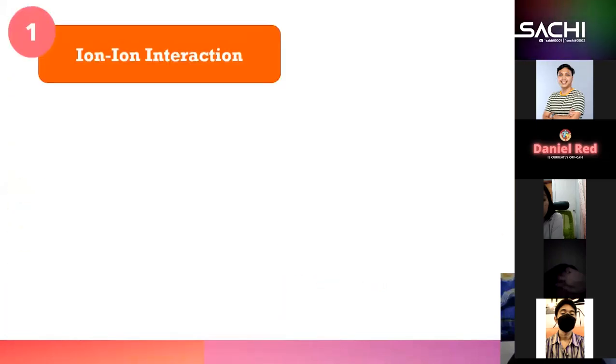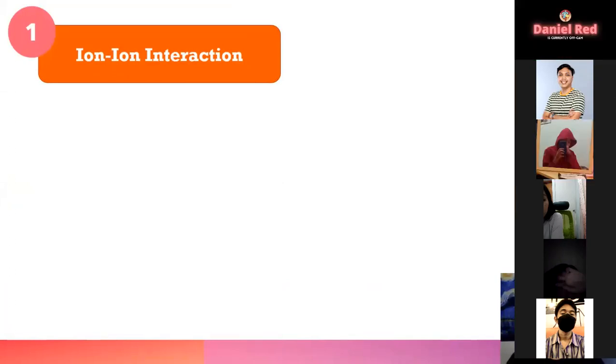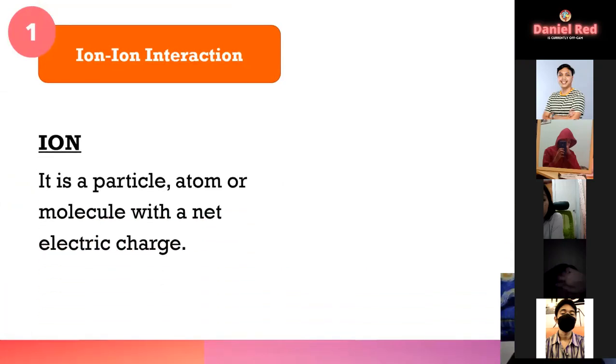So the first type of interaction is the ion-ion interaction. But before going to this type of interaction, let's define first the meaning of ion. Ion is what we call a particle or atom or molecule with a net electric charge. So whether it is positive or negative, that is what we call ion.